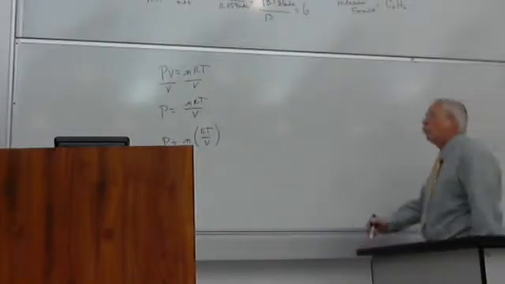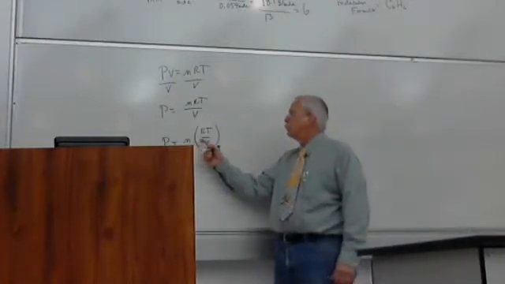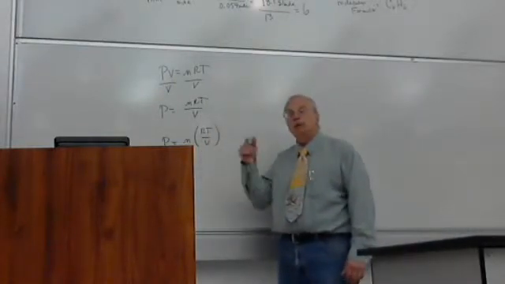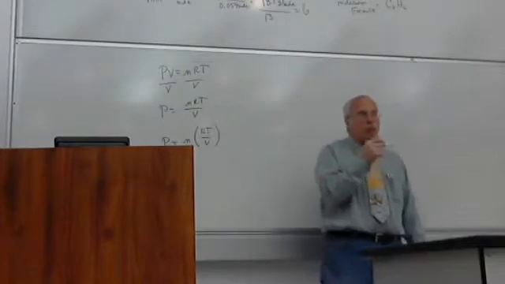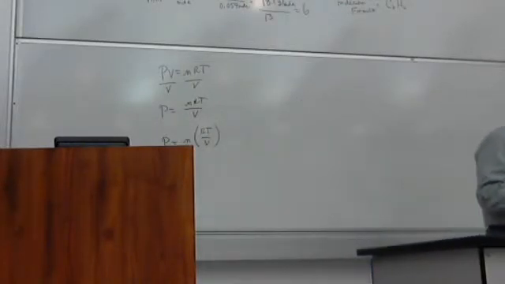If I have a system of a mixture of several different gases, then the pressure for that system is going to be equal to the total number of moles of gases times RT over V. Now RT over V will probably be a constant, because I'm going to hold the temperature constant and the volume constant for my sample.